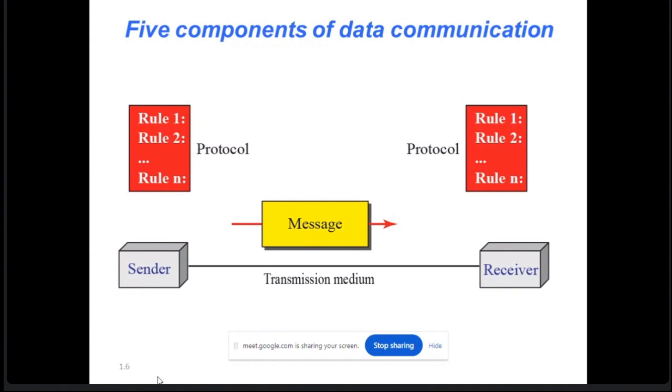So this is a thing we have to think about. Before I'm transmitting, I should follow the same thing. If you know English, then I will communicate in English. If you know Tamil, I should communicate in Tamil. So the protocol is a set of rules and conditions. It should be followed by the sender and the receiver so that the transmission can occur successfully and the source can send the message to the receiver.